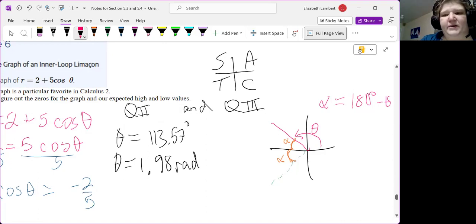And then I guess I need a different name for the other angle. I guess we'll just go with theta prime, which, let's go with a different color, is going to be 180 degrees plus alpha.